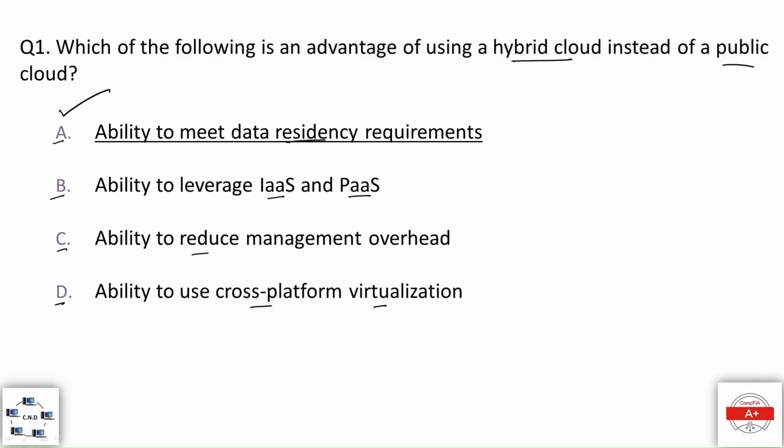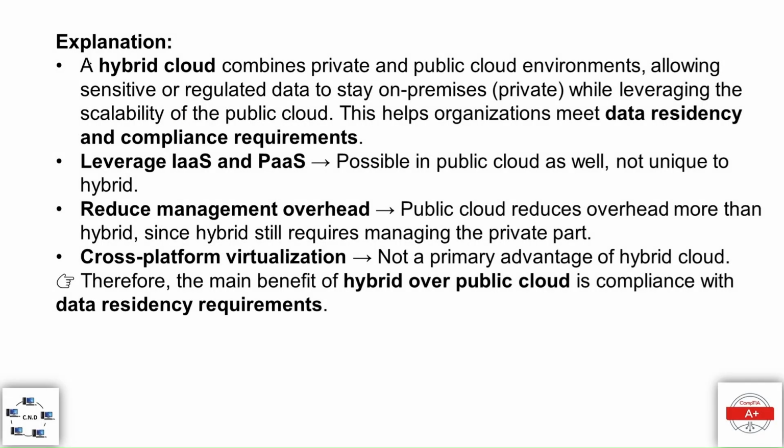The explanation for the correct option as well as the incorrect options is: a hybrid cloud combines the private and public cloud environments, allowing sensitive or regulated data to stay on premises, that is private, while leveraging the scalability of the public cloud. This helps organizations meet data residency and compliance requirements.